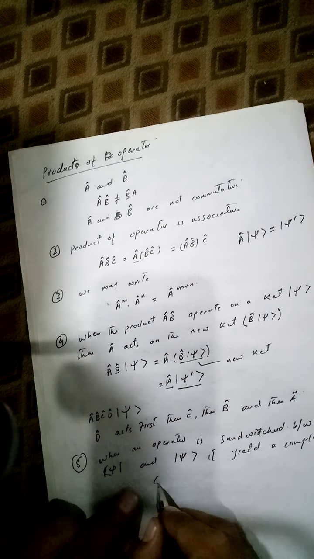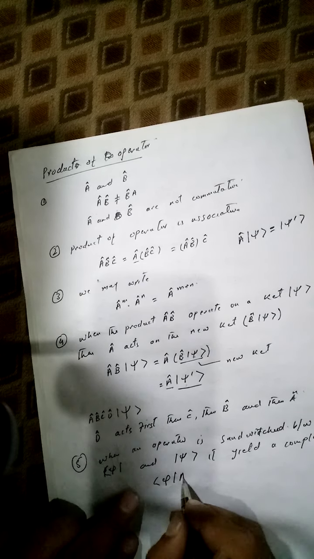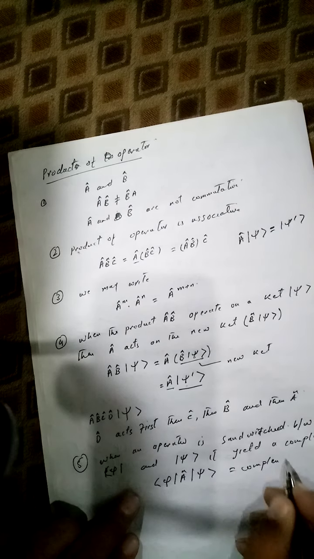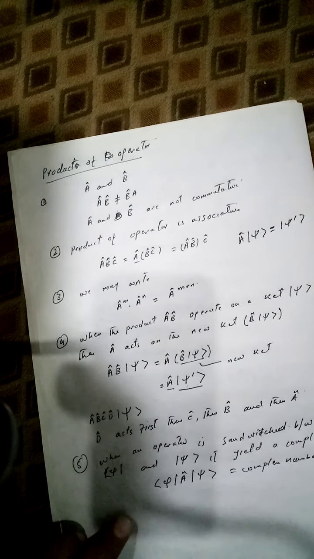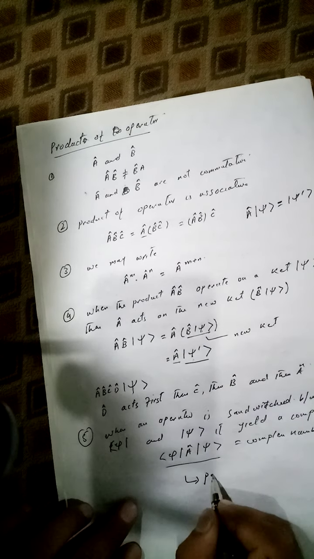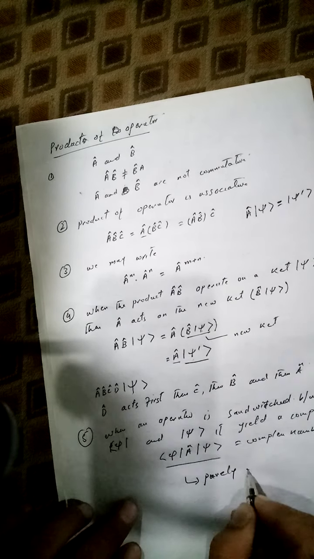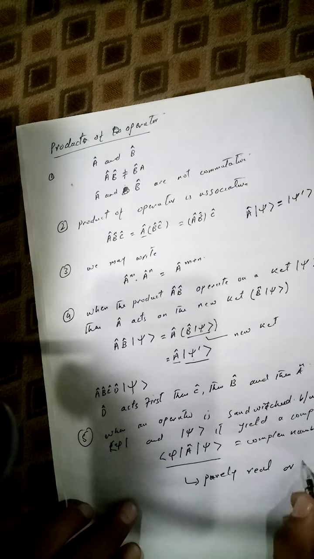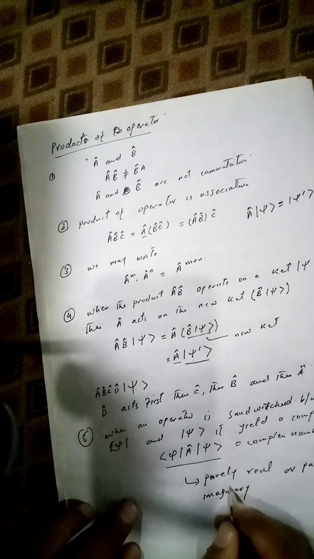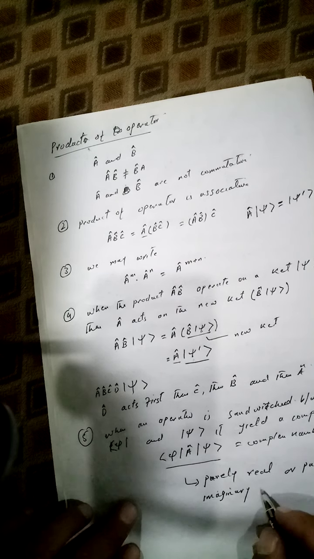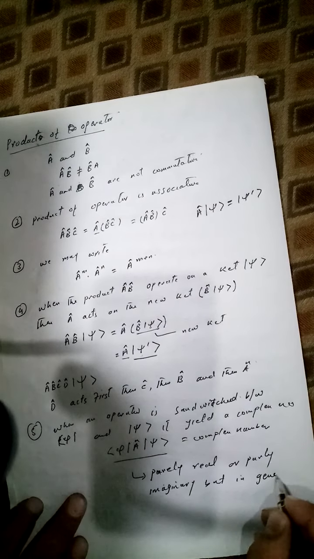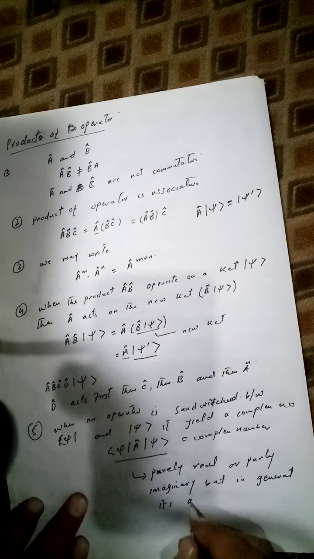That is, if the operator A is sandwiched between a bra and a ket, we get a complex number. Now this quantity can be purely real or purely imaginary, but in general it's a complex number.